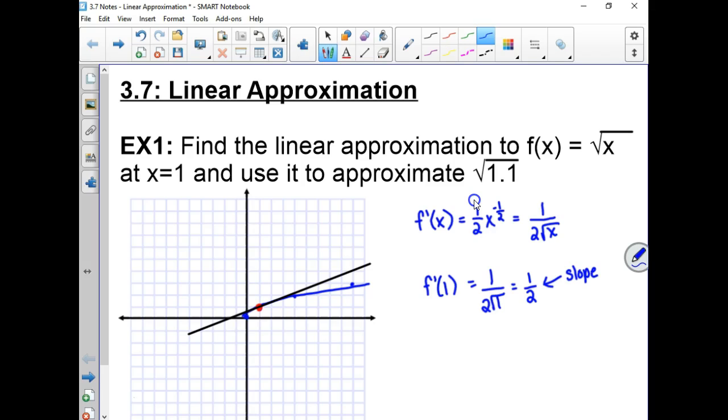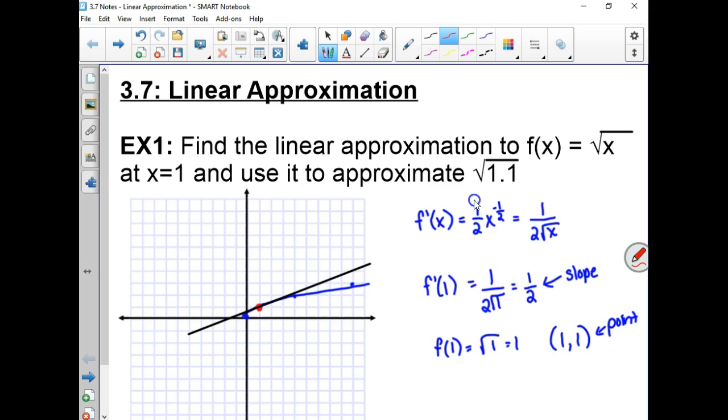What other thing do I need to write the equation of a tangent line? The point on the line, right? So that's just f of 1, which is the square root of 1, which equals 1. So my point on the line is (1, 1). I'm ignoring this approximate 1.1.